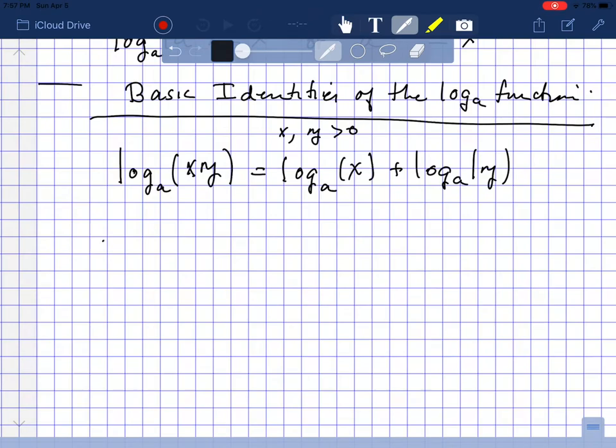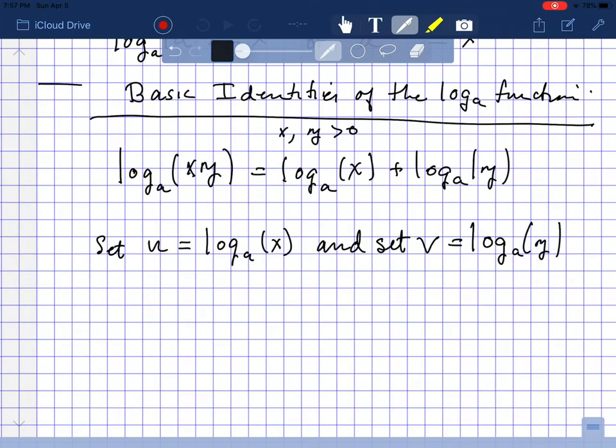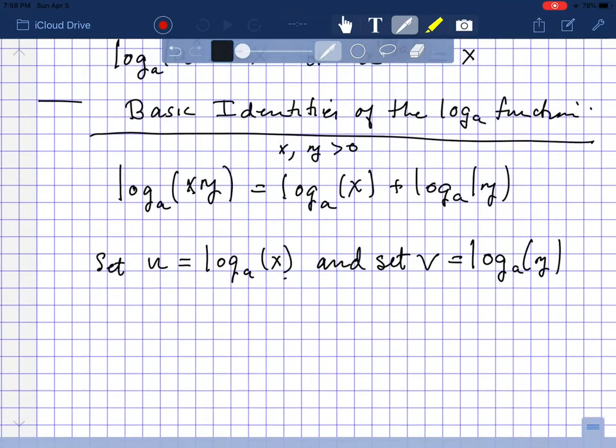What I'm going to do is set u equal to the log base a of x, and I'm going to set v equal to the log base a of y. So I'm just calling the log base a of x, u, and the log base a of y, v.